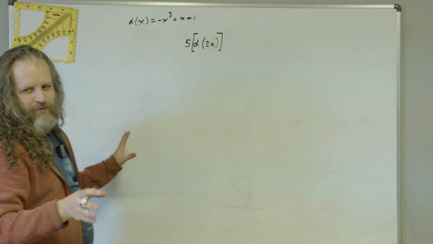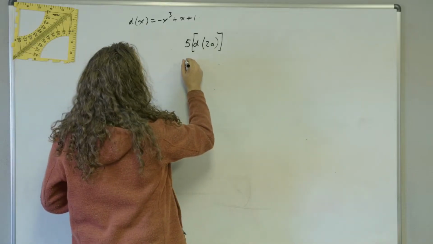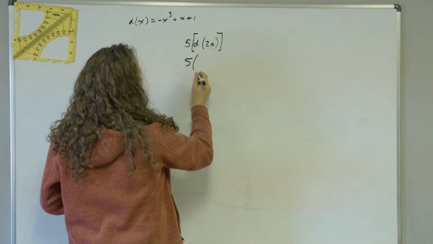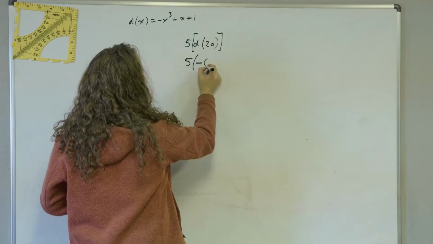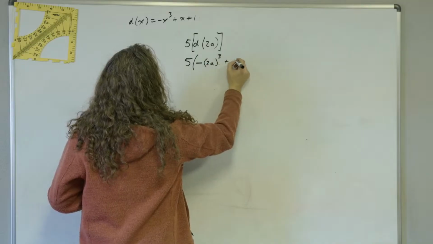Does this make sense? This is one of those places where the notation gets a little bit muddy. You have to understand through context clues what we're even talking about, right? So it's going to be 5 times d of 2a, and for d of 2a we substitute in 2a for x.